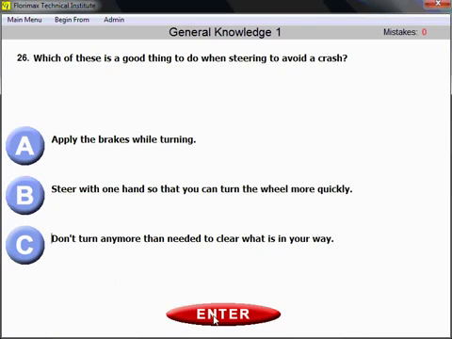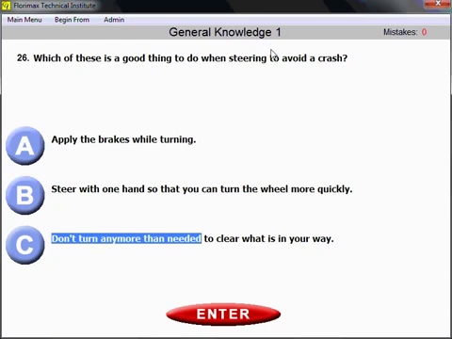Question number 26. Which of these is a good thing to do when steering to avoid a crash? When you start turning your vehicle to avoid a crash, what is the good thing to remember to do in such a situation? Please again remember, start looking for these particular words: don't turn any more than needed to clear what is in your way.